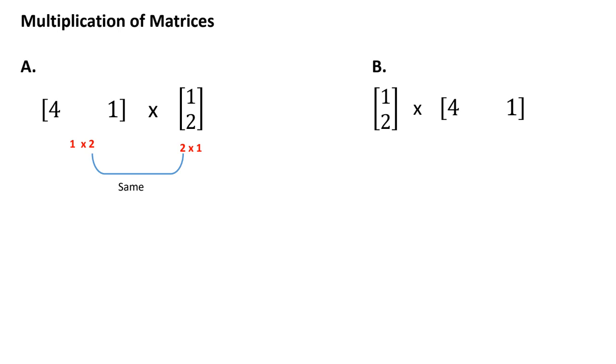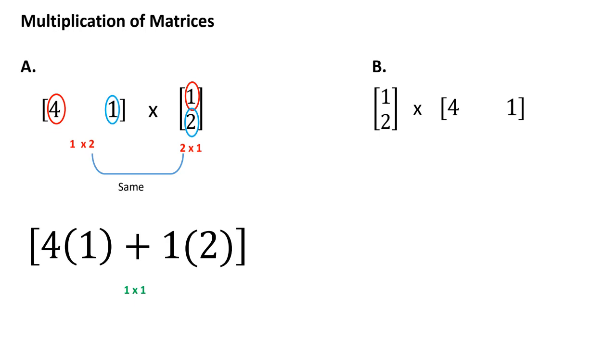Okay, so let's look at the multiplication. The way you multiply matrices together is row times column. So here we have 4 times 1 is 4. And then I'm going to add it to 1 times 2. Okay, it's row times column.